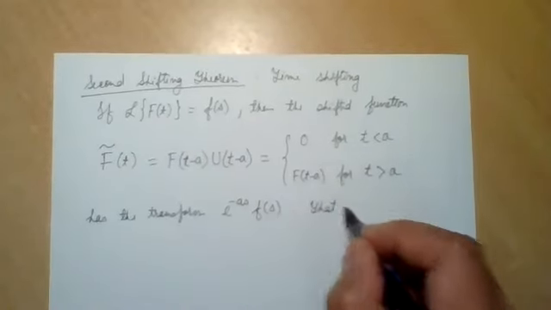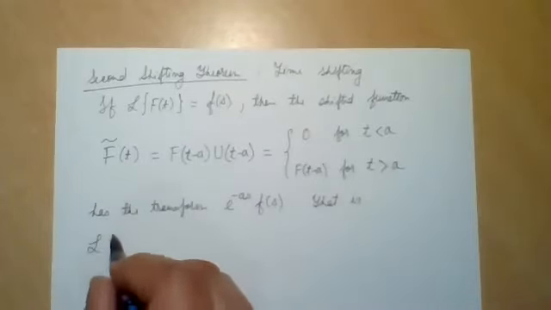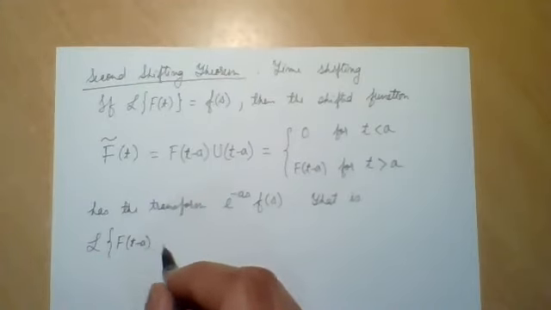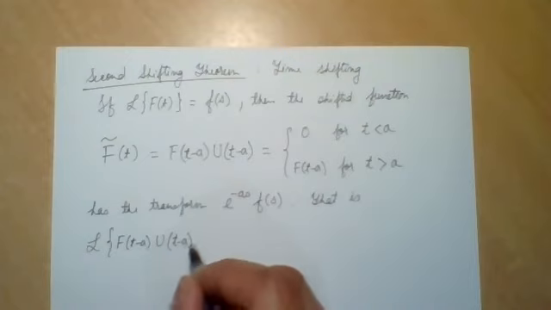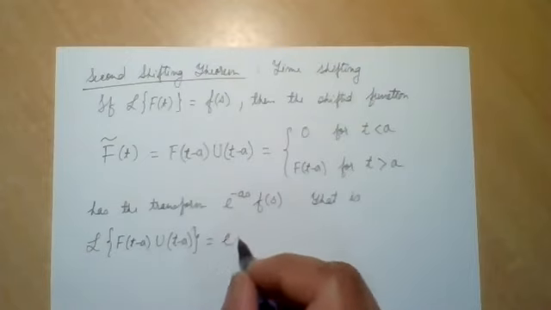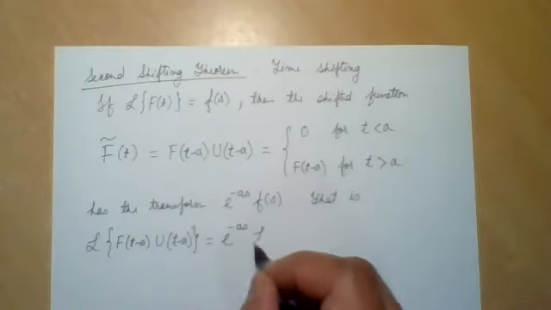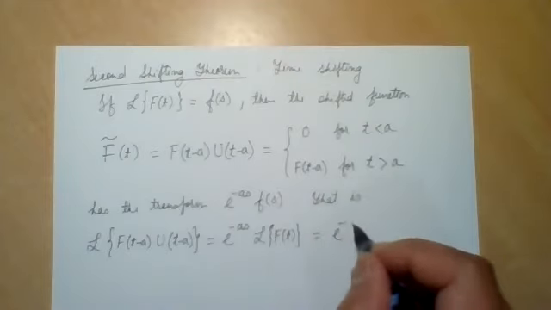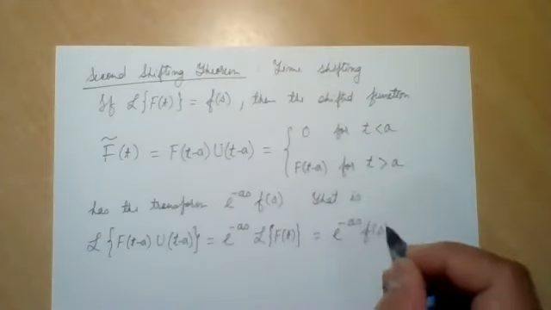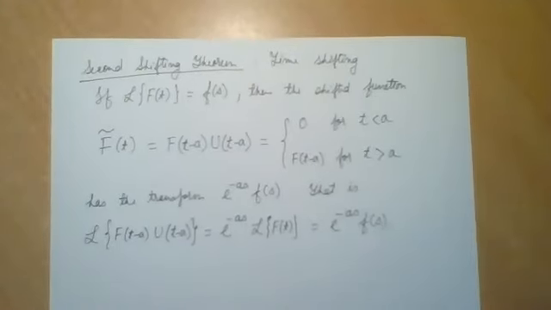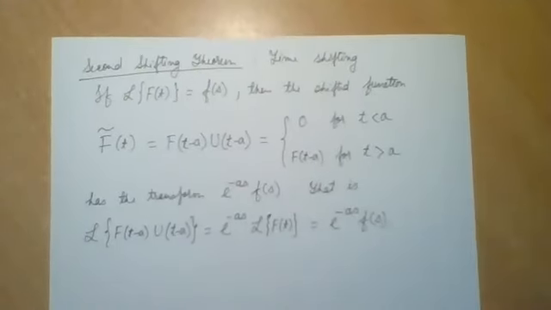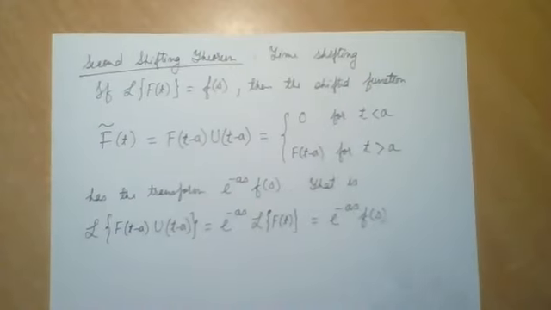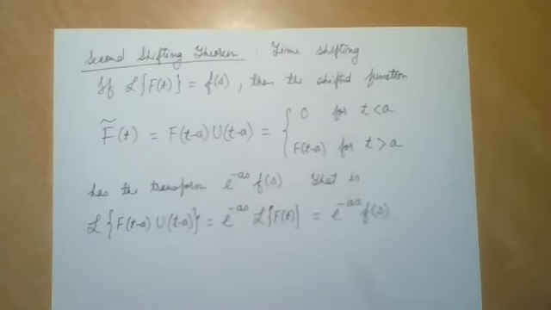That is, the Laplace transform of f of t minus a, u of t minus a, is e to the power minus as times the Laplace transform of f of t, which is e to the power minus as f of s. This is the second shifting theorem, also called the time shifting theorem. Here we have shifted time by an amount equal to a. Okay, so this is the second shifting theorem.